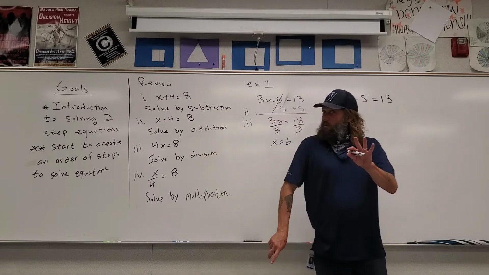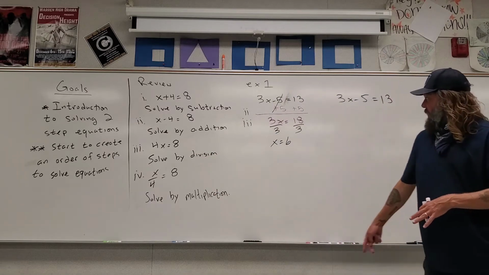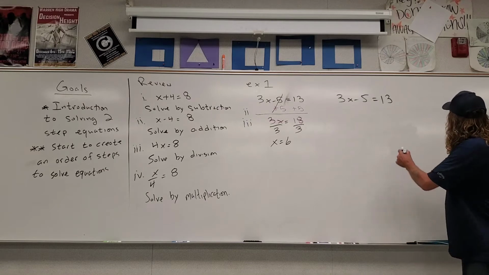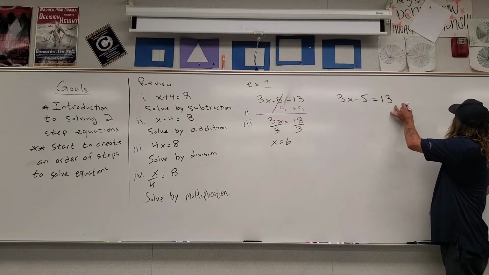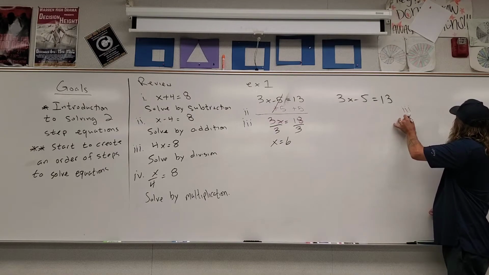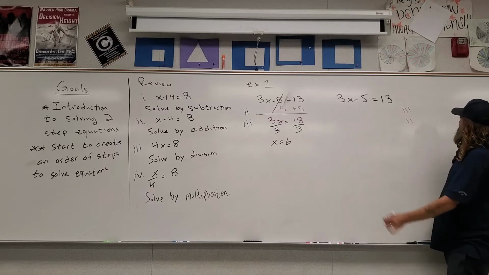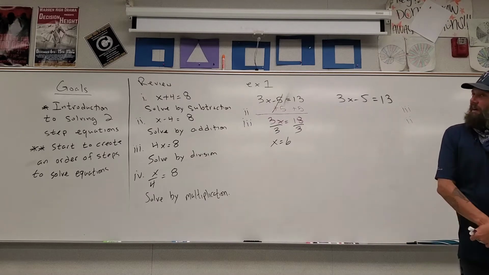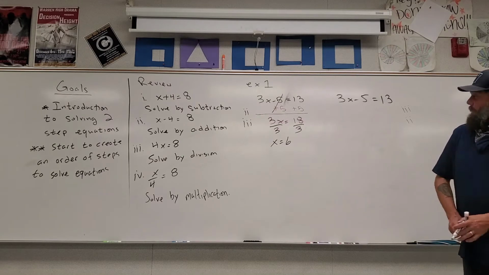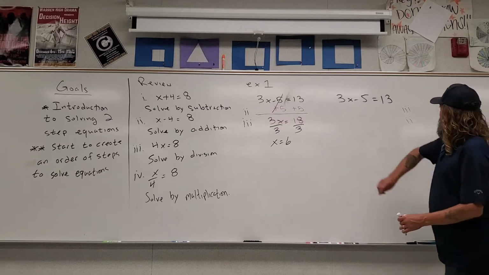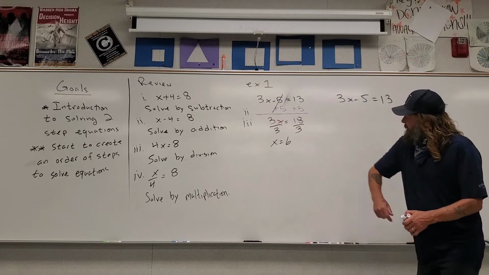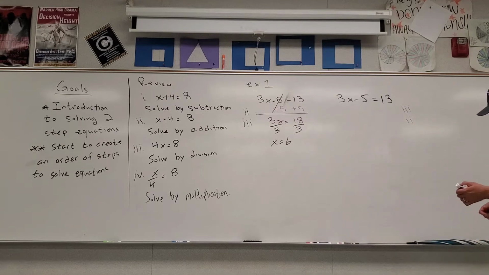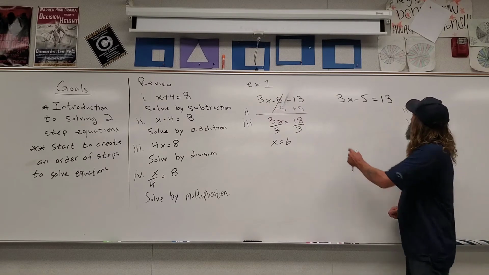I want to do the same problem, but switch the order. I want to do this problem first by dividing, and then second by addition. When you divide, you have to divide everybody. So if I'm going to start off with division, I divide everybody by 3.